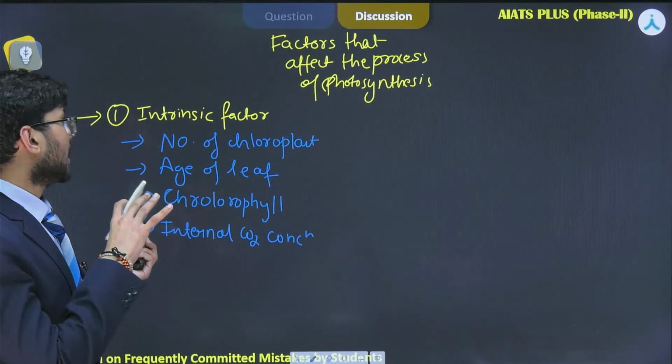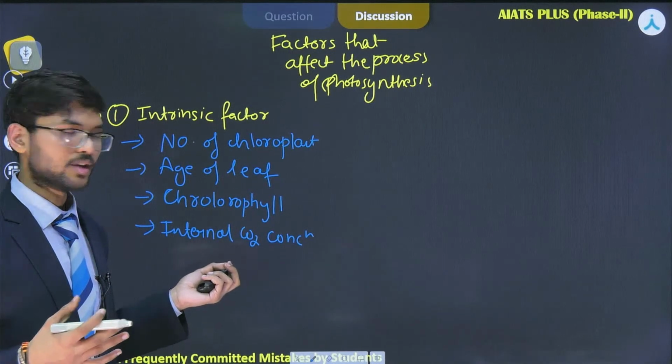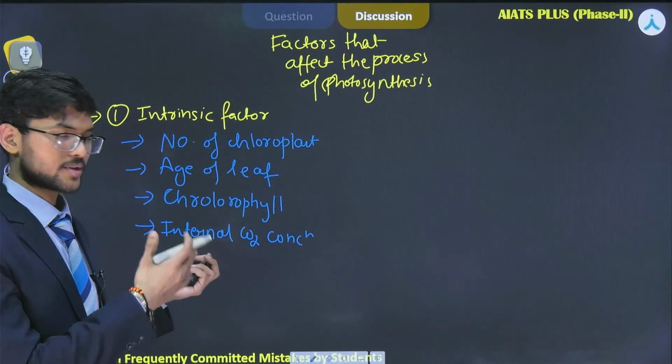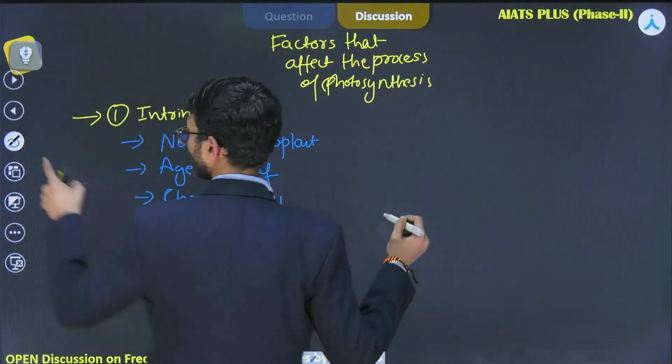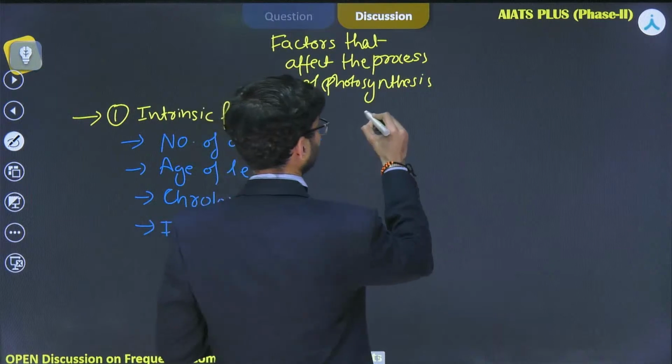Now another factor that affects the process of photosynthesis is the extrinsic factor.